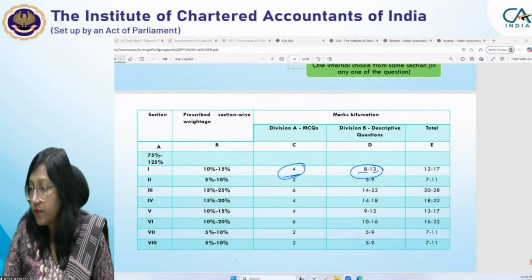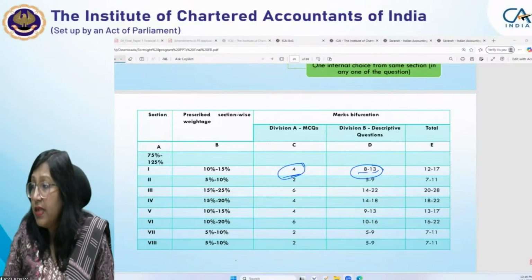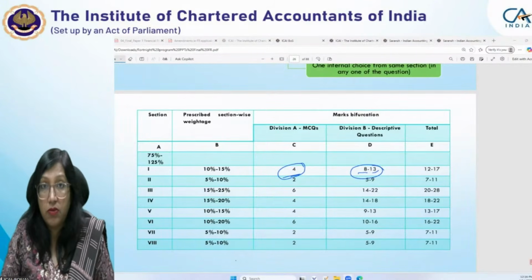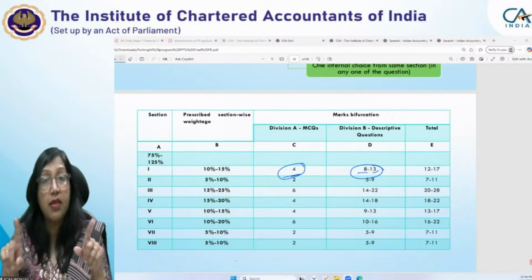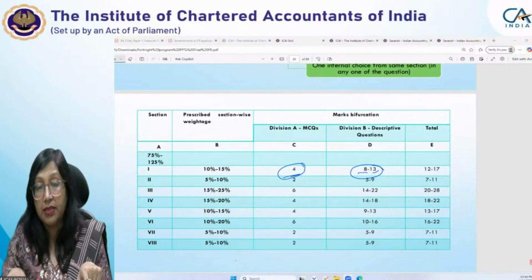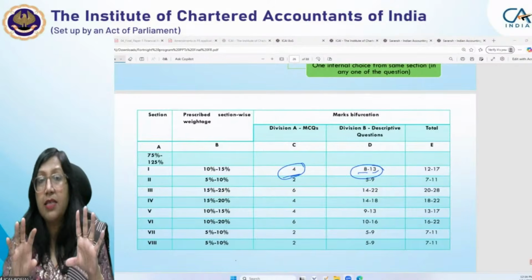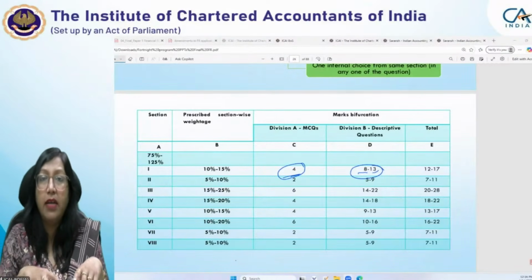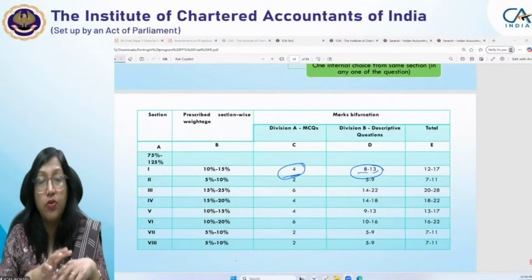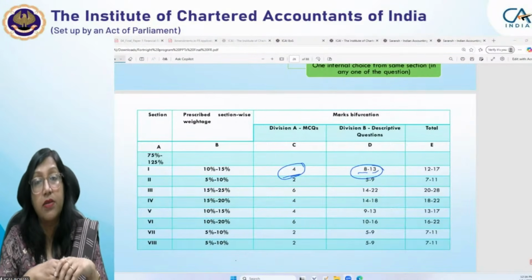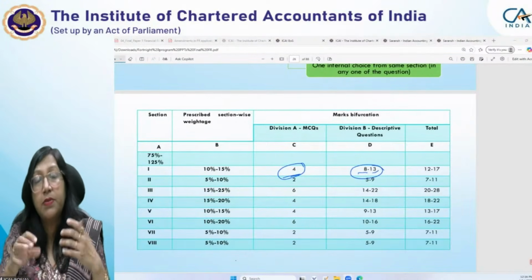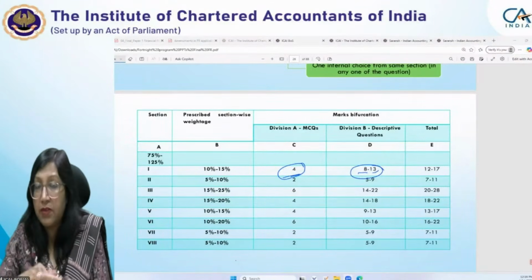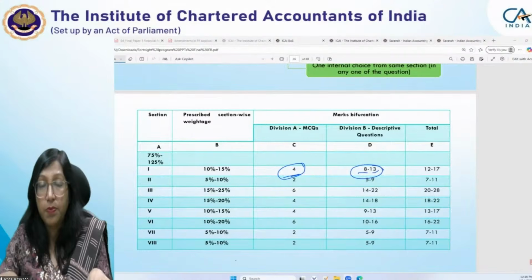So for topics like Ind AS 37, yes, you can go through Saransh also. But Saransh is only a summary of the theory of standards. We have tried to make it as comprehensive as possible, yet brief, in a pictorial format. But it will never be a substitute for your practice of practical questions. Theory will help you understand the concepts, but you have to apply those concepts. You can understand the concepts of standards through Saransh, through those pictorial presentations.